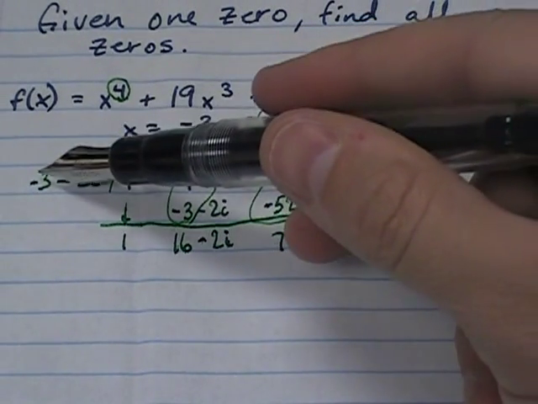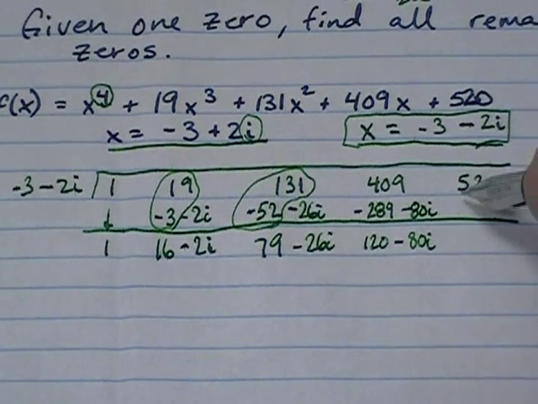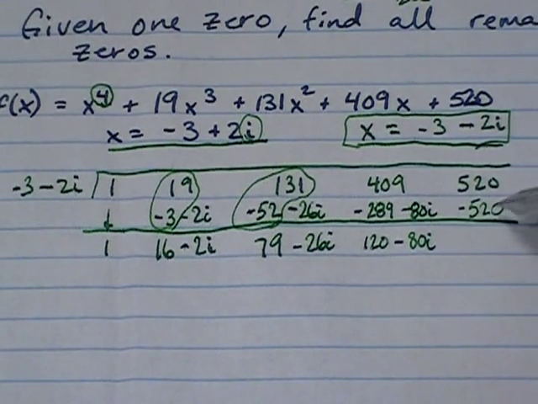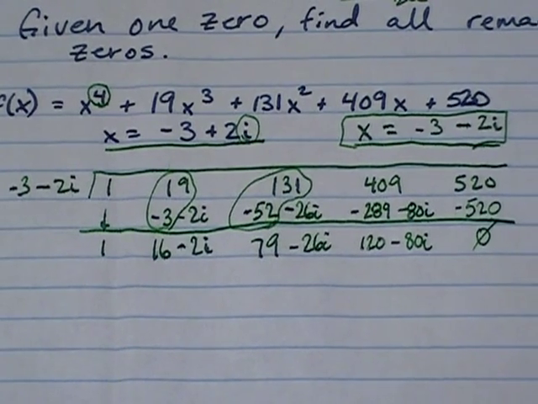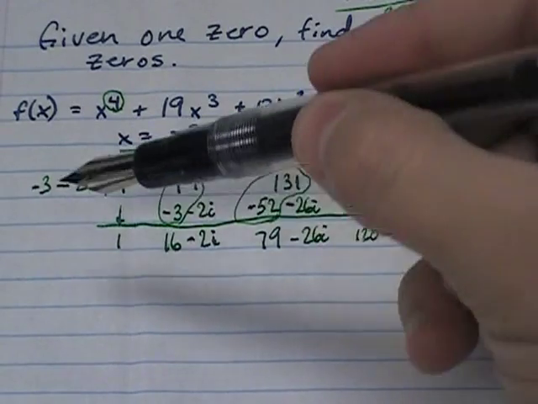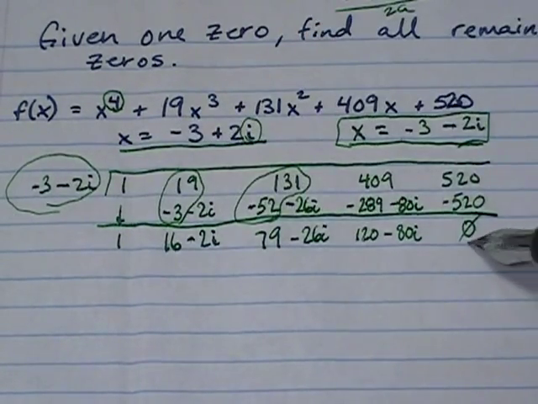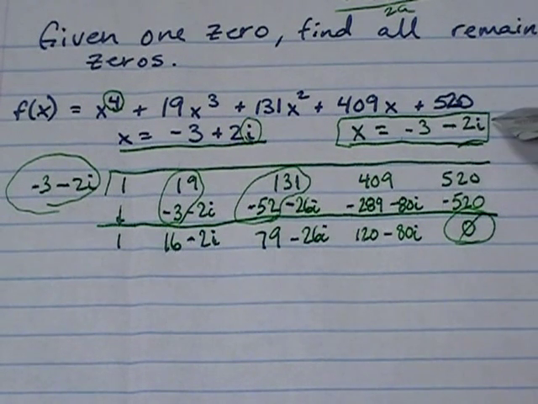And if you say negative 3 minus 2i times 120 minus 80i, you should get negative 520, which gives us a remainder of 0. That's important because if this is a zero of this function, it should give us a remainder of 0, and it does. So we know that the zero I chose as a pair to the one that was given is correct.